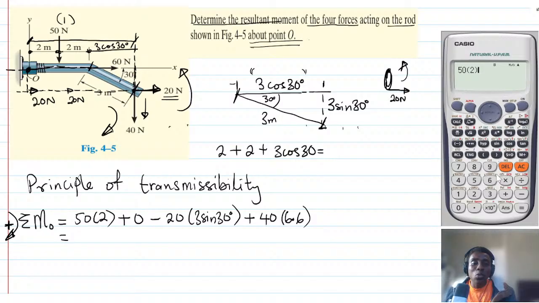So 50 times 2, plus 0, minus 20 times 3 sine 30, plus 40 multiplied by 6.6.